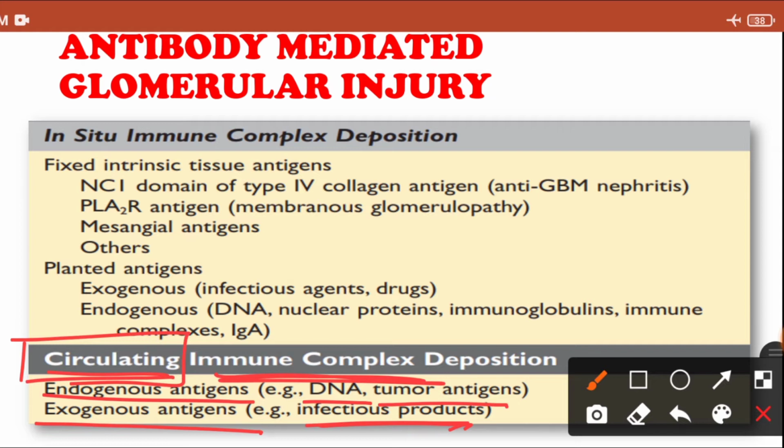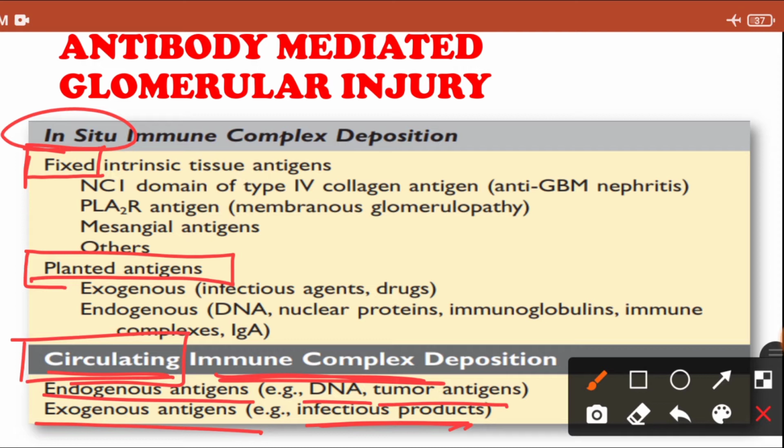Another mode of immune complex deposition is in situ immune complex formation. Here the antigen is present within the glomerulus, right? It is a fixed antigen in the glomerulus, or the antigen could be planted in the glomerulus from outside. Understand, from outside the glomerulus it can be planted in the glomerulus and act as an antigen.